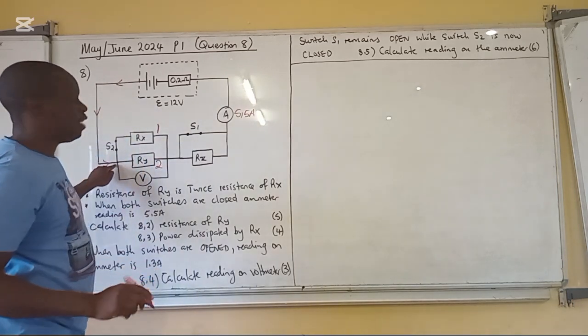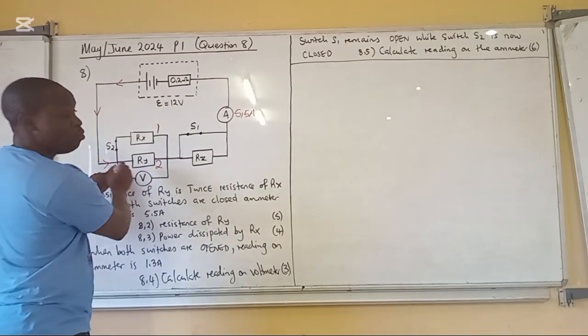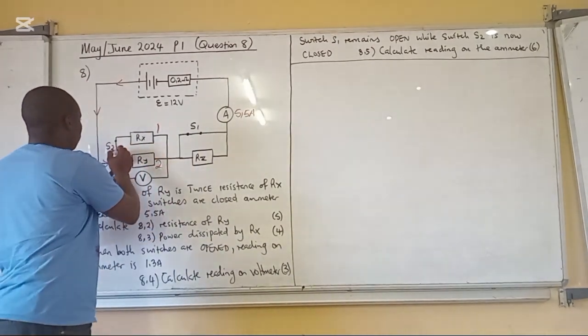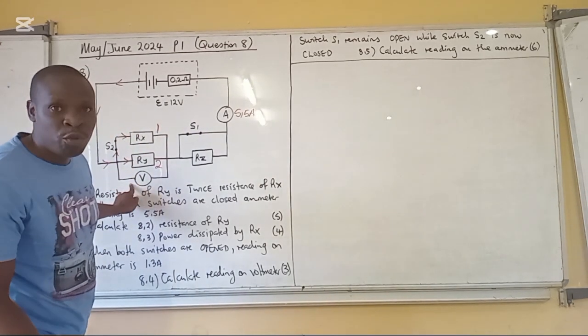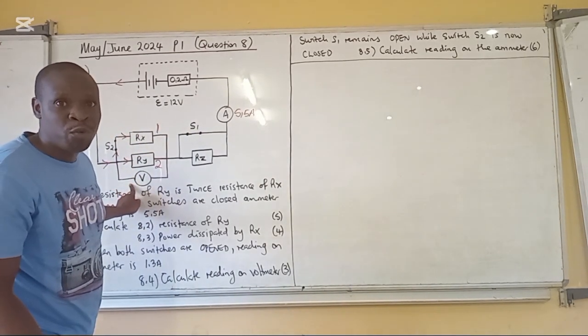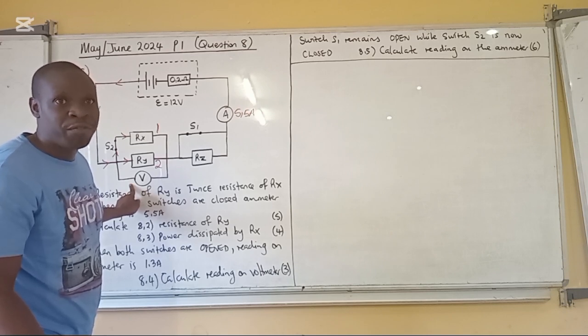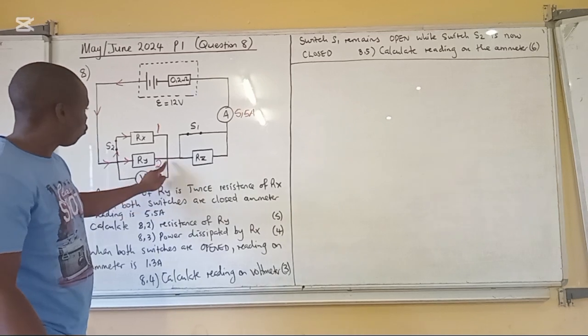When current gets to this point, it is going to be divided. Some will flow through resistor Ry and some will flow through resistor Rx. Nothing will flow through the voltmeter because a voltmeter has got very high resistance. So as a result of the very high resistance, no current will flow through it.